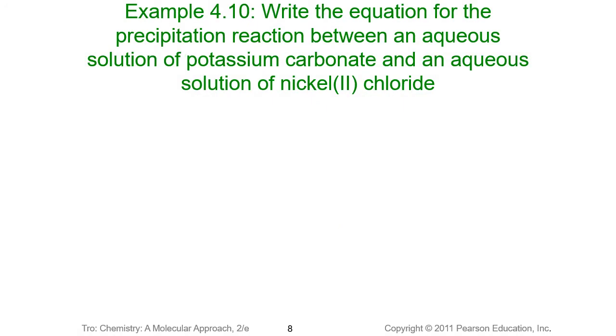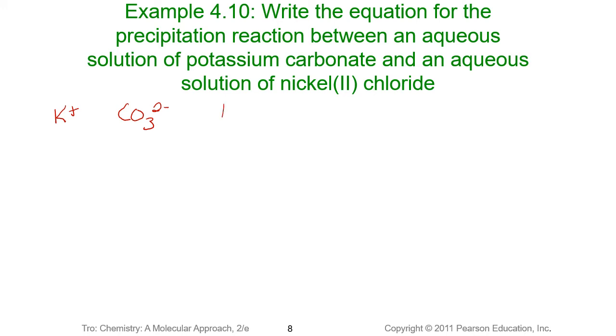So let's try an example. We've got an aqueous solution of potassium carbonate and an aqueous solution of nickel 2 chloride. So potassium is a +1 charge off of the periodic table. Our carbonate is a -2 charge.